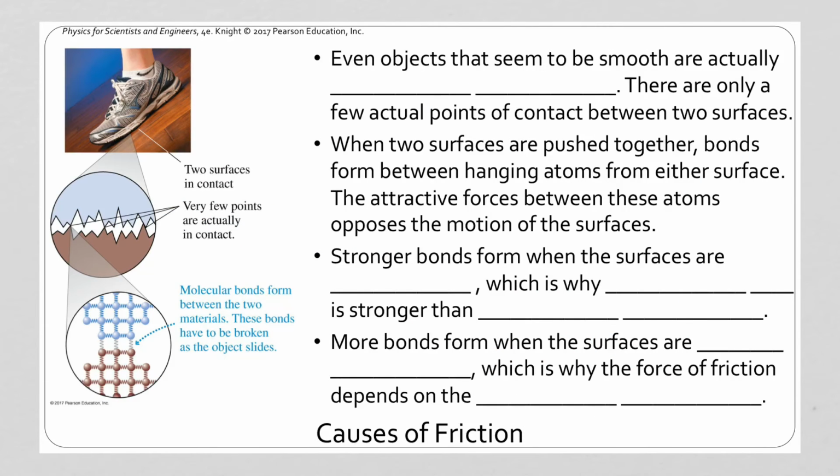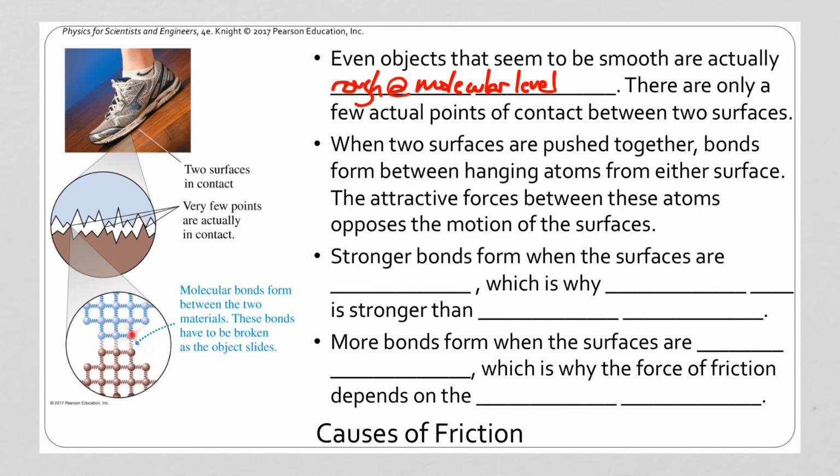Where friction is coming from is the microscopic interactions between two objects. Most objects seem to be smooth, but they are actually rough at the molecular level. You have the bulk of the material where all of the atoms are bound together in whatever way is best for them based on their chemistry. But at the edge of the material, you have a few molecules that don't have the neighbors to bond with the way that the rest want to.